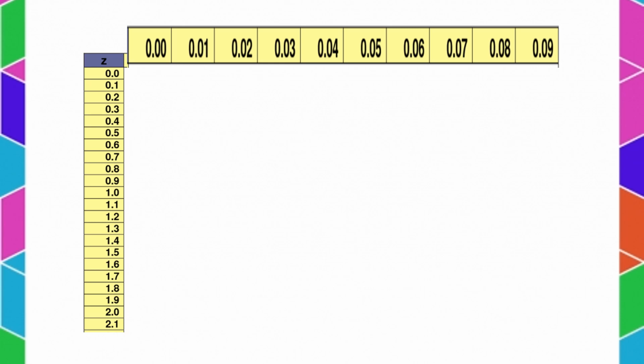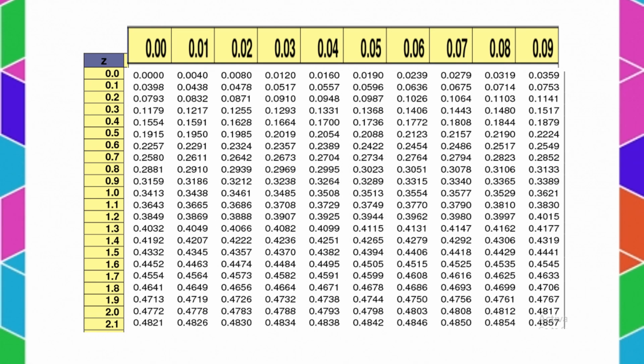Ang una ay ang 10th value, then yung sumunod is the hundredths place value. So tandaan, dito natin sa itaas, titignan ang hundredths place value ng ating z-score. At ito namang mga nakikita natin mga decimal numbers, ito ang mga corresponding area na ating hinahanap given the z-score.